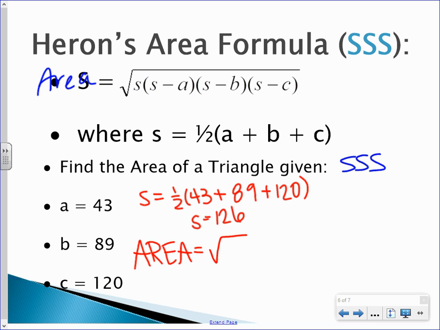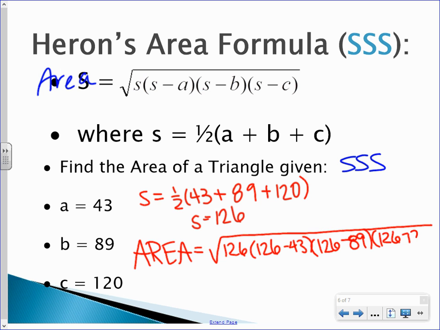Okay. So our area would then be this big long square root of 126 times 126 minus 43 times 126 minus 89 times 126 minus 120. I would not take the time to figure out what 126 minus 43 is and 126 minus 89.